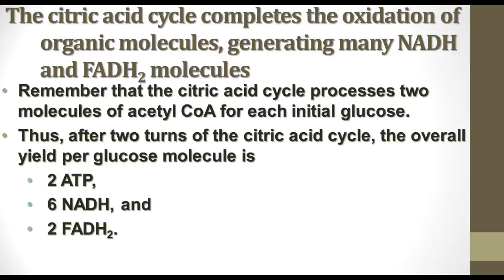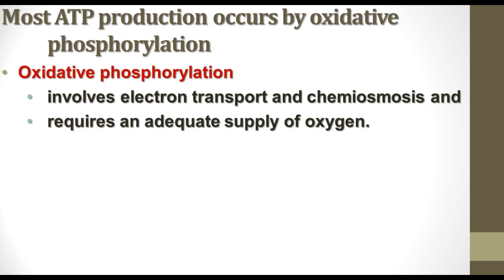So at the end of the citric acid cycle, in total, from the beginning of glycolysis, we've gained a total of 4 ATPs, 8 NADHs, and 2 FADH2s before we enter the last part of the process, which is the oxidative phosphorylation step.